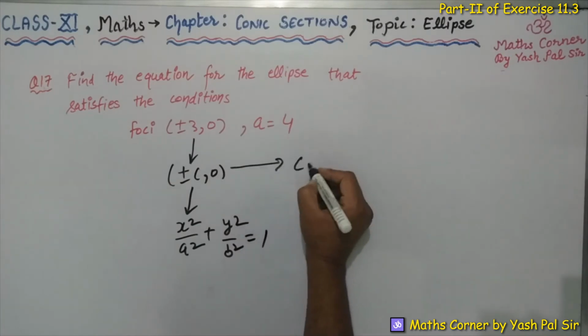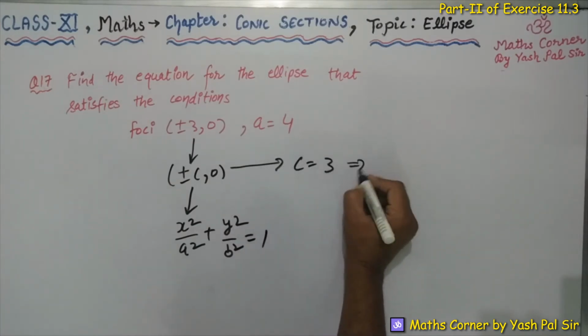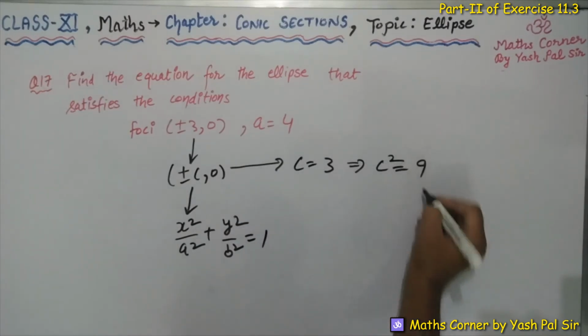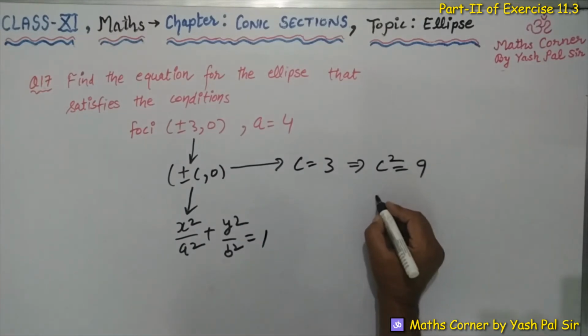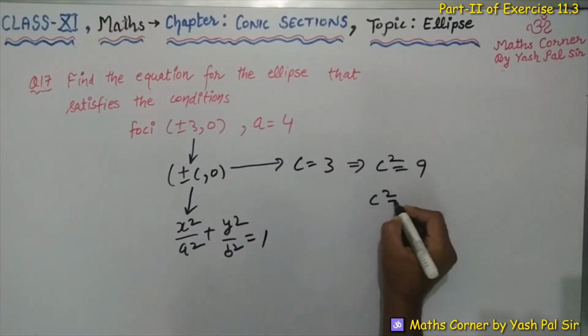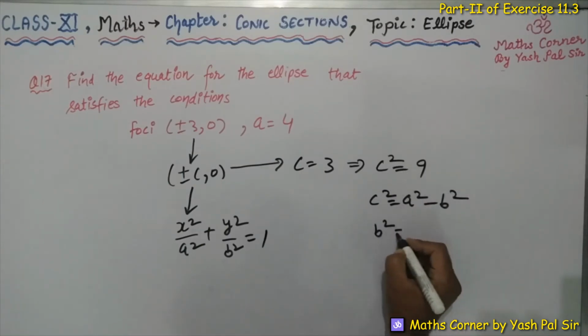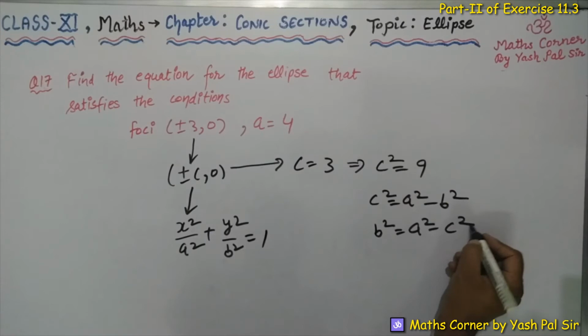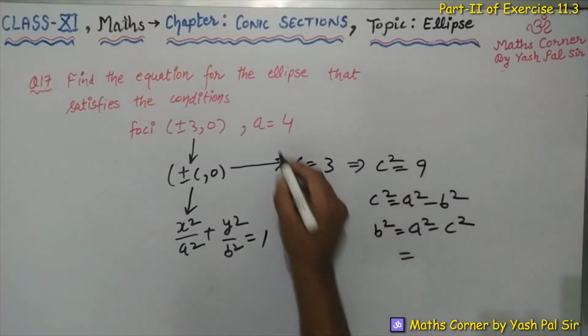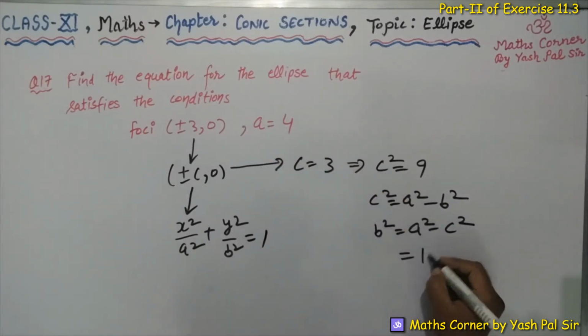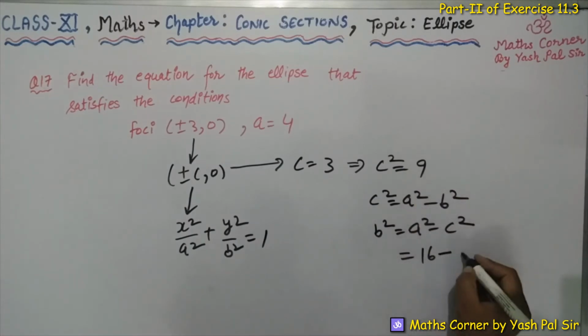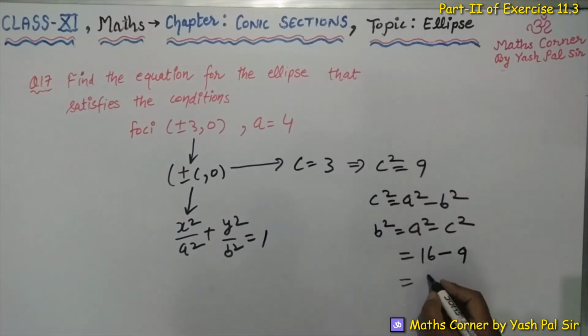So from here we have c is equal to 3, that is c square is equal to 9. So we know the formula c square is equal to a square minus b square, that is b square is equal to a square minus c square. A square is 4 into 4, 16, minus c square is 9. So this is equal to 7.